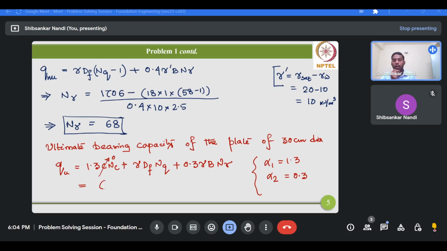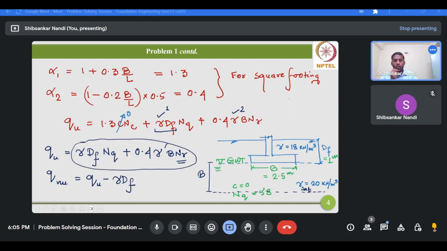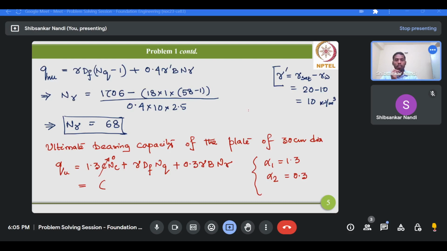Again, please keep in mind that we are dealing with the same deposit, the same foundation pit. One thing you have to keep in mind is that when this plate load test is conducted in a test pit, the soil in this pit is excavated. So there is no surcharge.